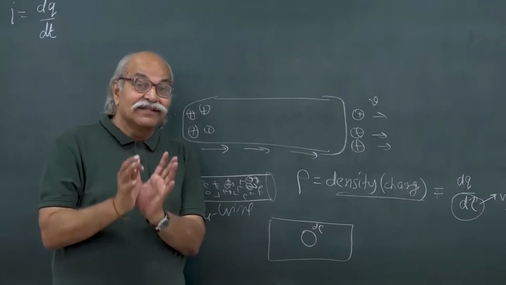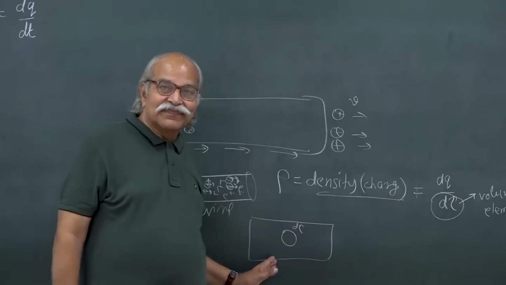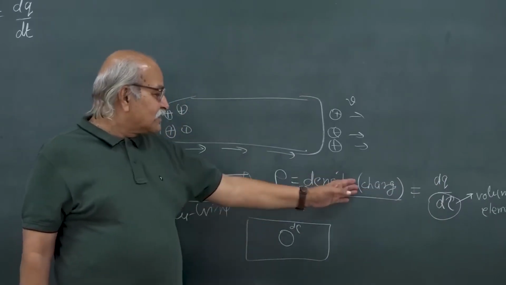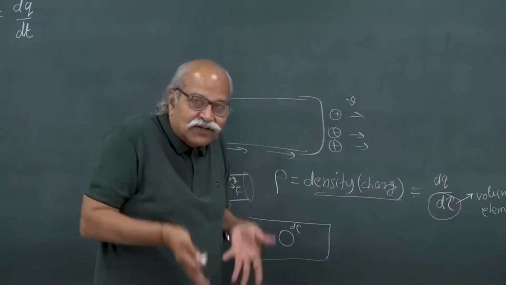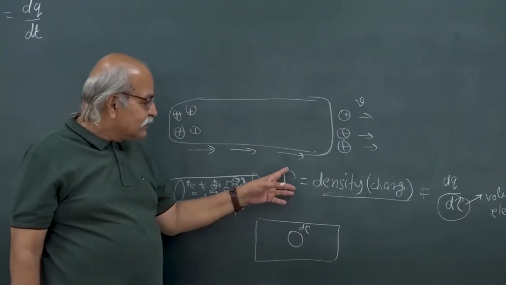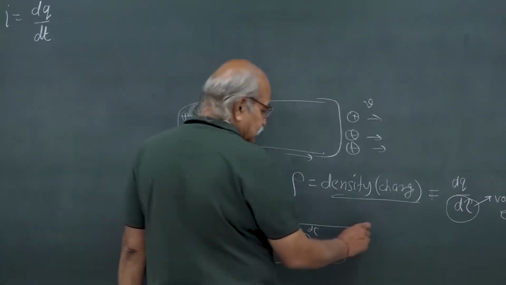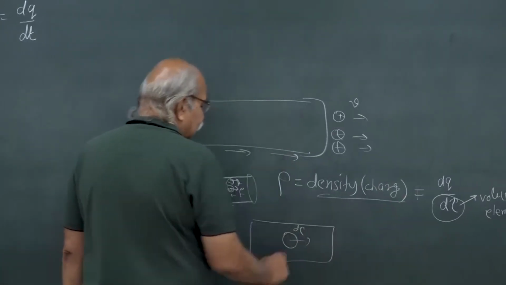Look at only that charge, and that charge divided by that volume is the charge density of the charges which are contributing to the current. So if you have a charge density rho and then it moves, then you have a current.